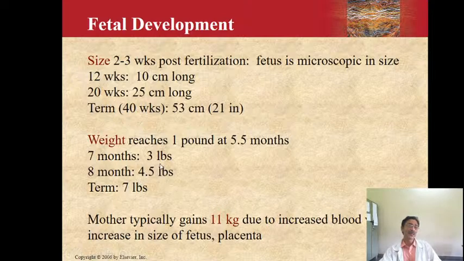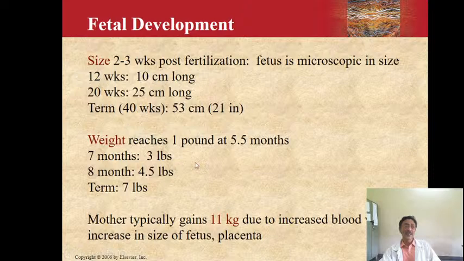There is a sudden spurt from 1.5 kg to around 3.5 kgs. So the maximum gain of weight by the fetus occurs in the last trimester, and within the last trimester, in the last 4 to 6 weeks.